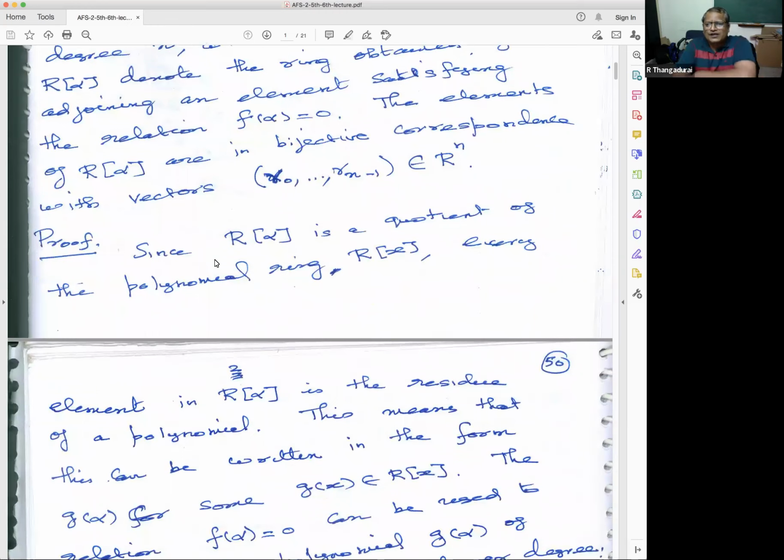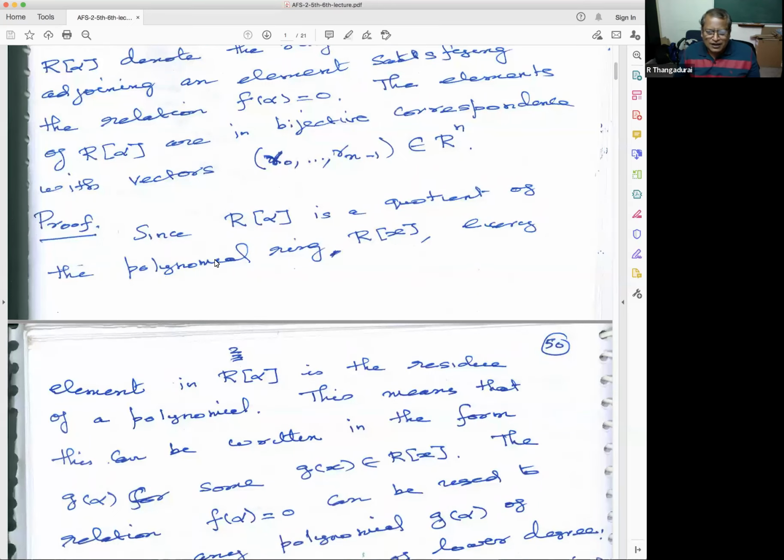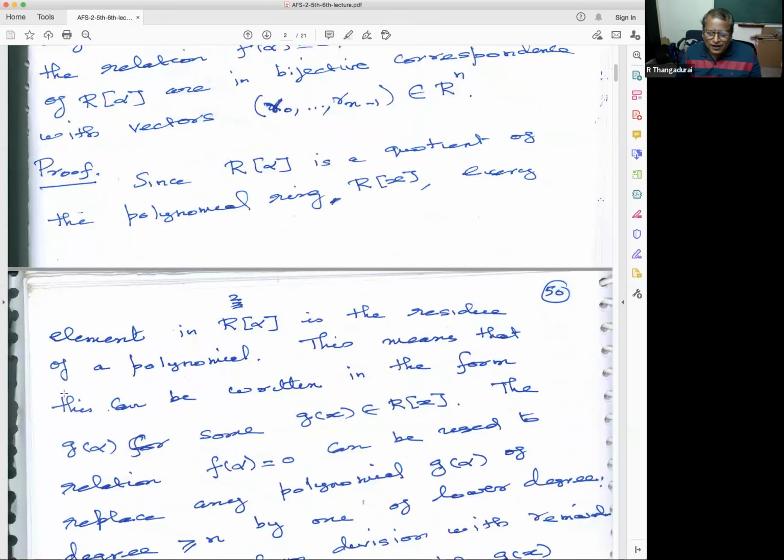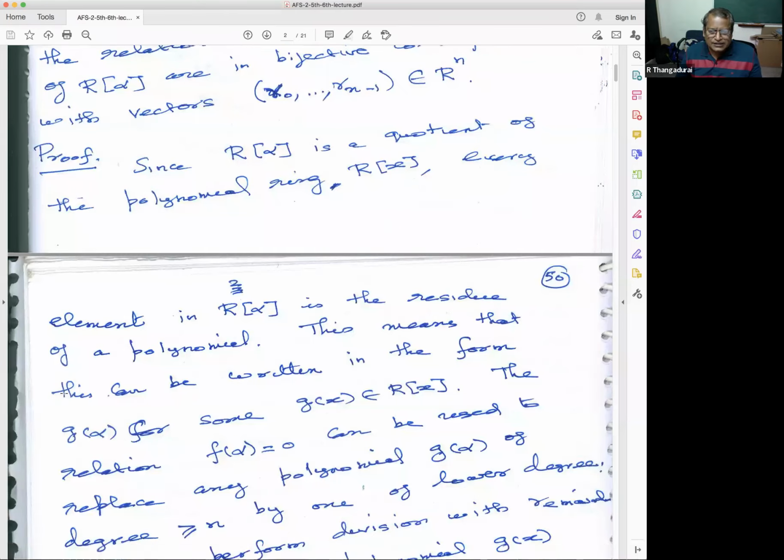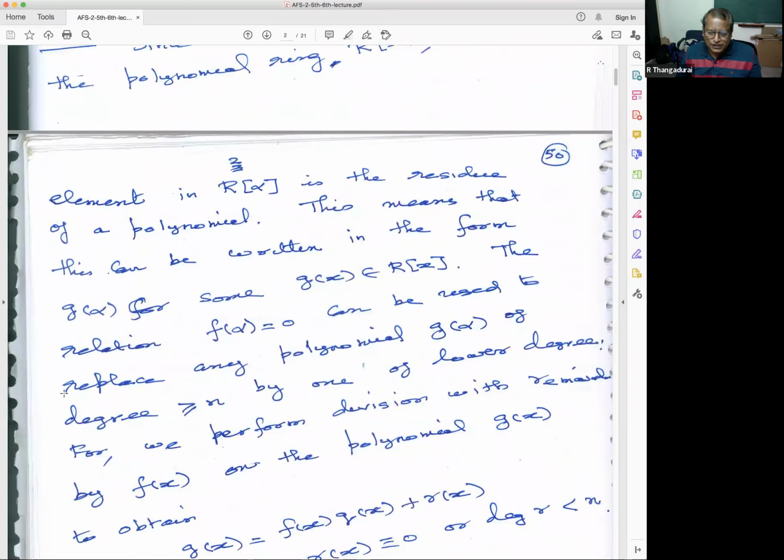Since R[alpha] is the quotient of the polynomial ring R[x], every element in R[alpha] is the residue of a polynomial in alpha. This means it can be written in the form g(alpha) for some polynomial g(x) in R[x].